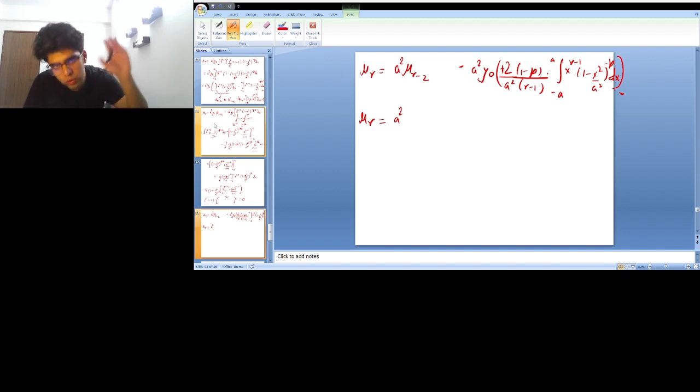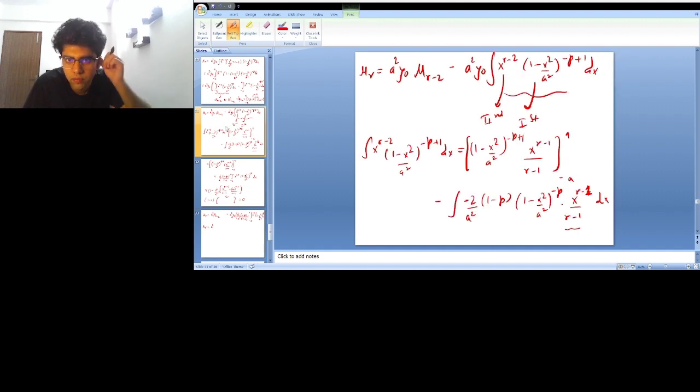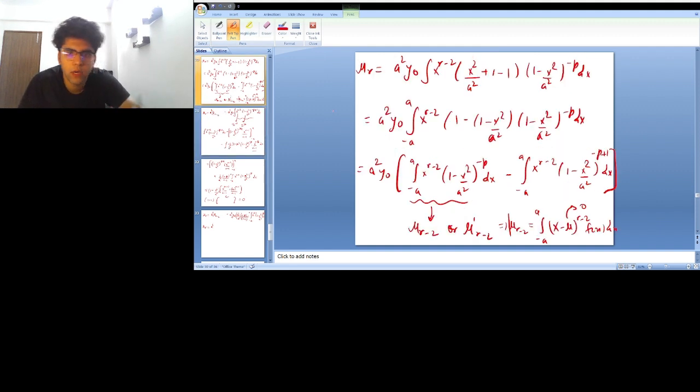So my y naught also vanished when I wrote this r minus 2th moment here. So I need to remove all of my y naughts wherever I have written this y naught term with my r minus 2th moment. So this is just a square r minus 2 mu r minus 2. My y naught was a part of the PDF, so I need to write this.